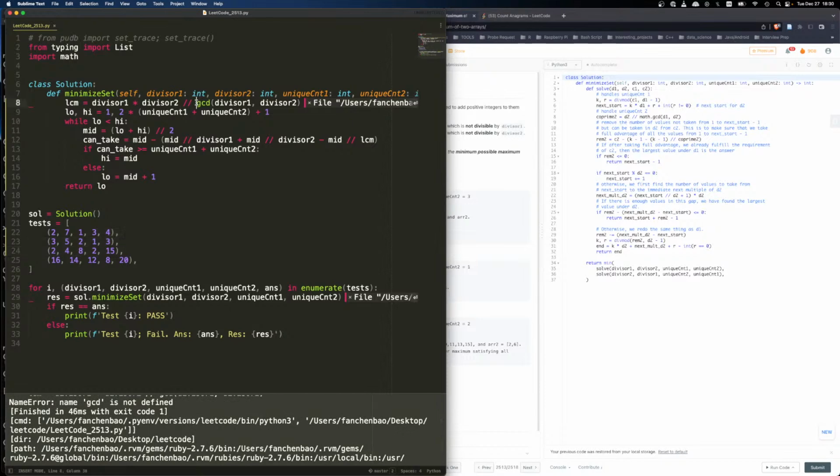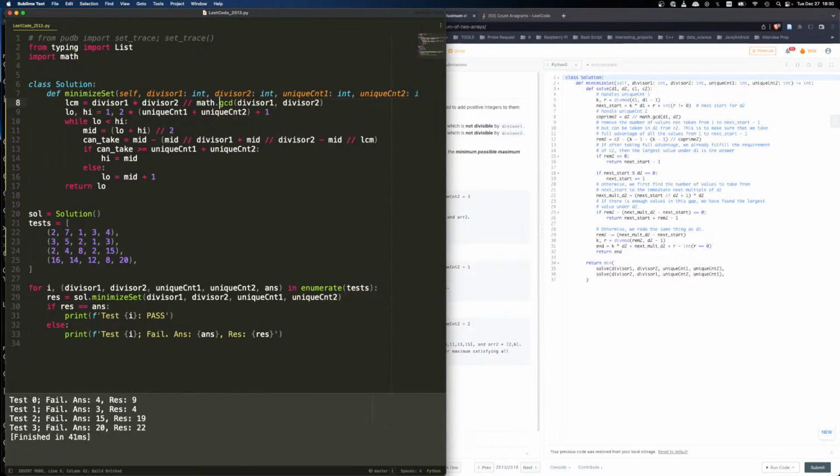GCD is not mentioned. Of course it's not mentioned. It's math.gcd. No, it's not right. Okay, don't worry. Yeah, let's analyze again. I feel I'm on the right track, but it's okay.